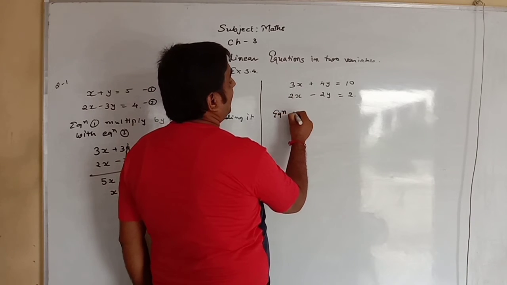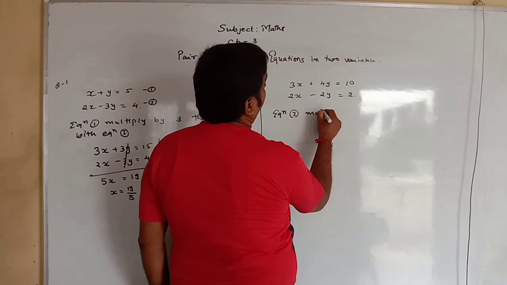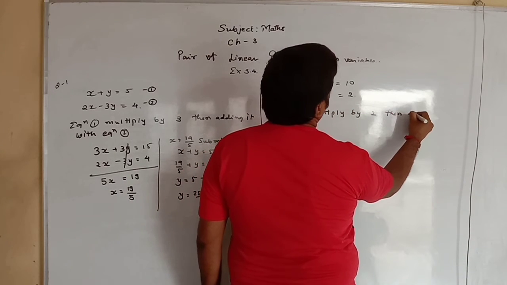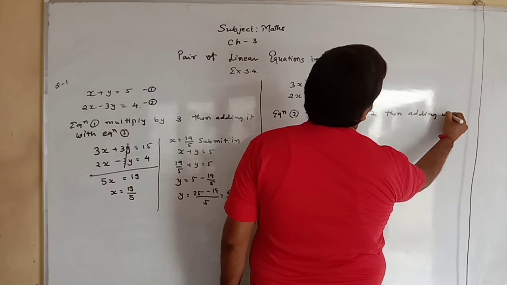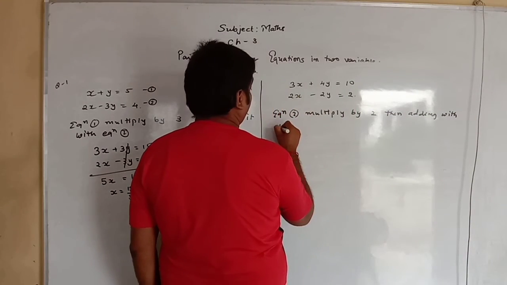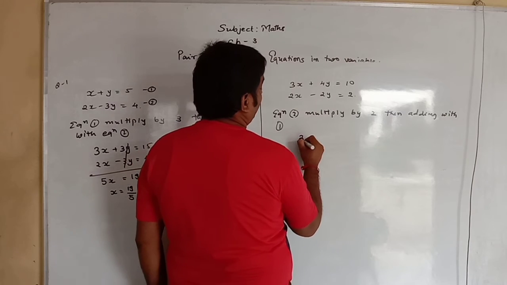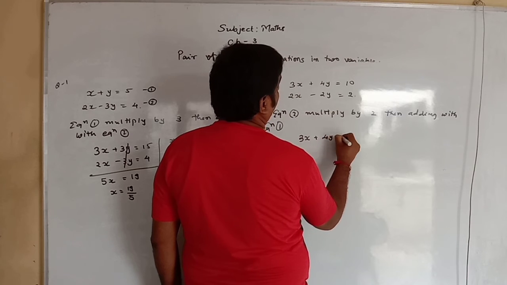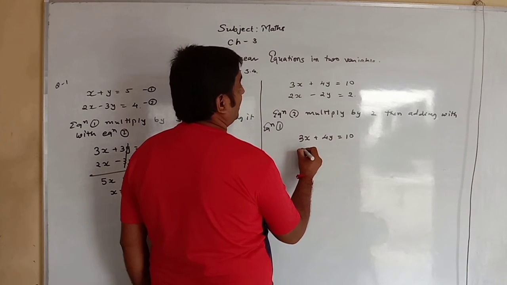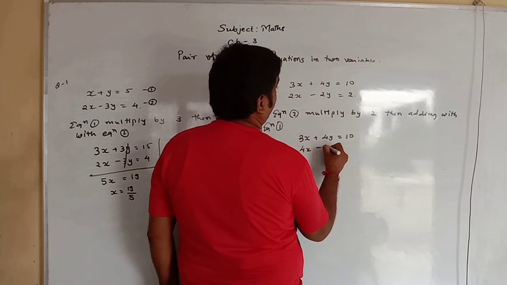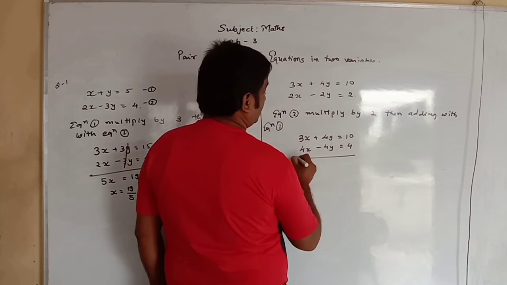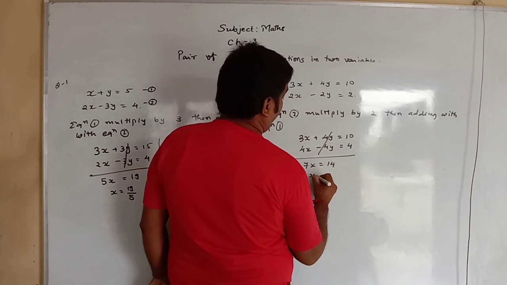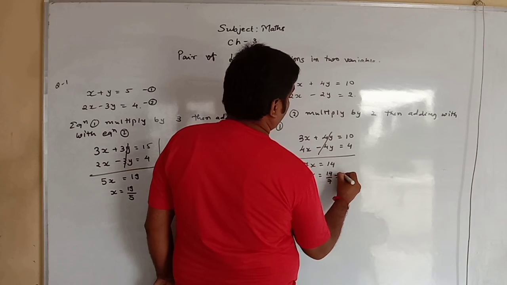So we write equation 2 multiplied by 2, then adding with equation 1, the first equation as it is, 3x plus 4y equals 10, then the second equation multiplied by 2, 4x minus 4y equals 4. So 4y cancels, 3 plus 4 is 7x equals 14. So x equals 14 by 7, that is 2.